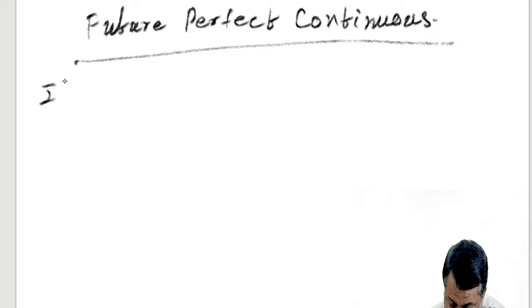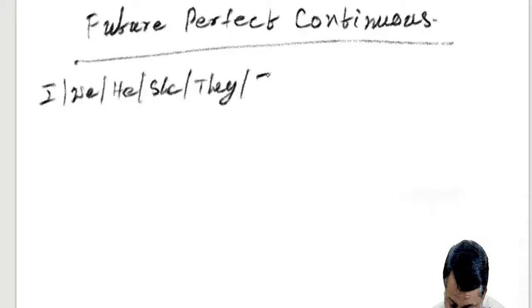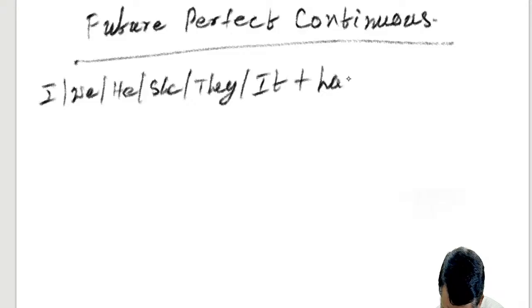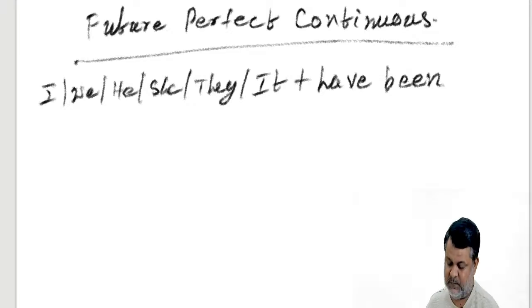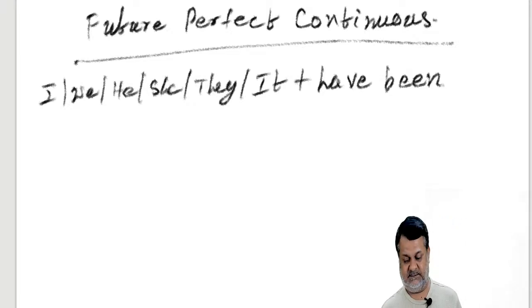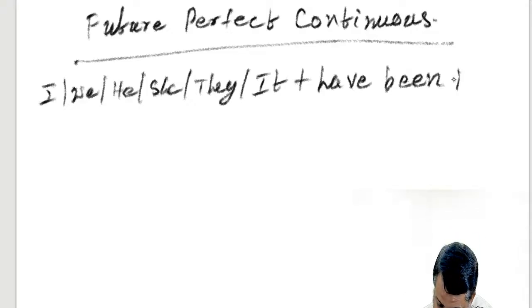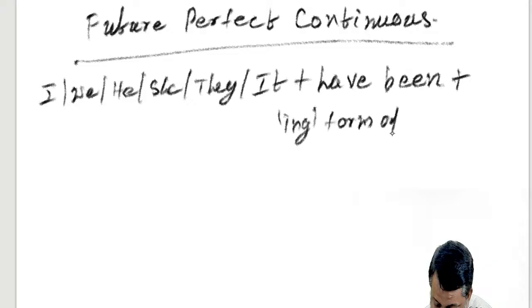Here it will always be I, we, he, she, they, it, subject plus will have been plus the ing form of the verb.